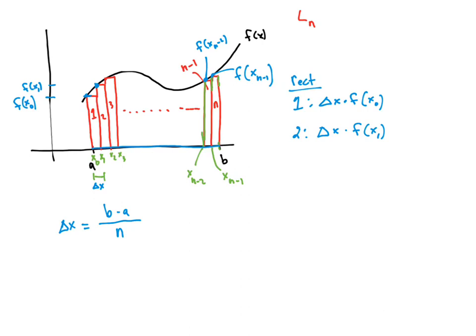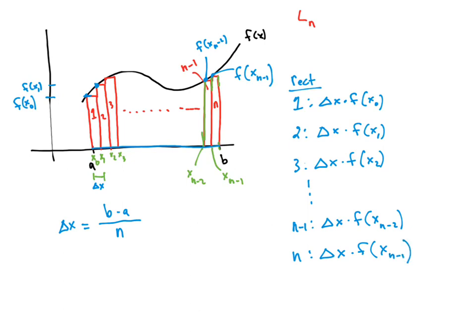We'll also do the third rectangle, delta x times f of x sub 2, and so on. And then when we get down to the n minus 1 rectangle, delta x times f of x sub n minus 2, and then the nth rectangle, delta x times f of x sub n minus 1 here.